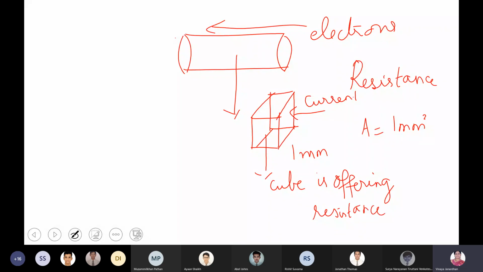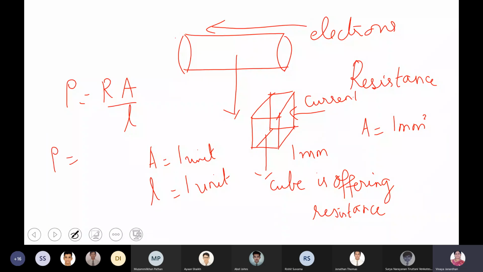Now, how will you define resistivity? What is the formula? Rho is equal to RA by L. When A is 1 unit, 1 millimeter squared, 1 centimeter squared, or 1 meter squared, and L is equal to 1 unit, meaning 1 millimeter, 1 centimeter, 1 meter, then rho becomes equal to R.